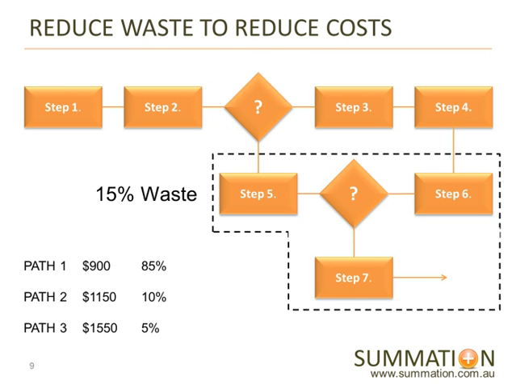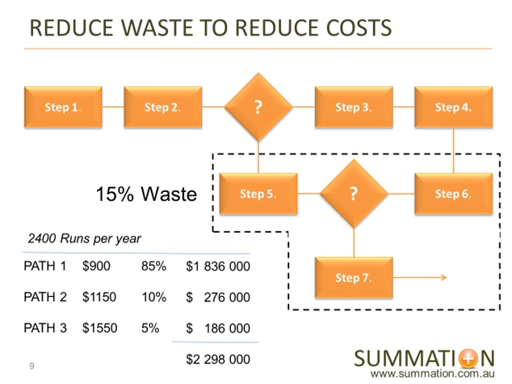We've reduced that 50% of the transactions having waste down to 15%. We multiply that out for the same 2,400 runs a year, and we can see we've had an impact in the order of $300,000 to $350,000 in cost savings already.